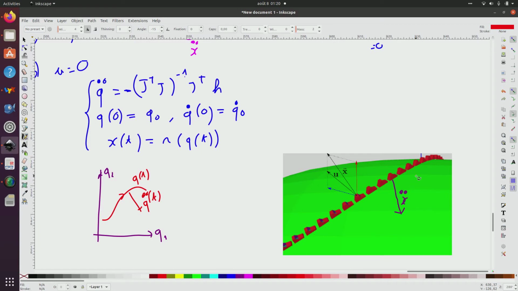So what I have in this equation is a second order differential equation in this Q space that I can integrate. Since it is a second order differential equation, as given here, I need an initial condition for Q, but also for Q dot. And the geodesic is not given in the Q space. This is why I need this last equation to have an expression of X of t.